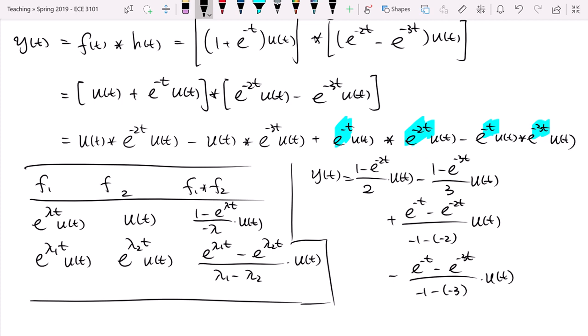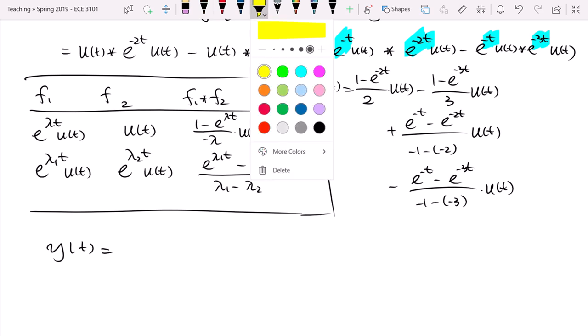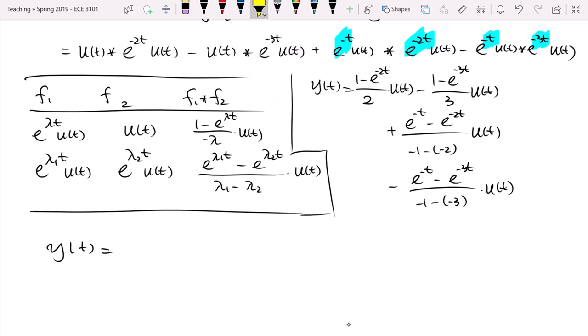Okay. So this is the example. Now, the final result of this, which I will give directly without giving the organization steps, is this. And it's easy to find. If you look at the terms, you have constants multiplied by u. You have negative 2t, negative 3t, and negative t. Really nothing else.